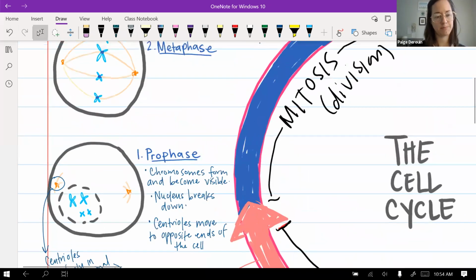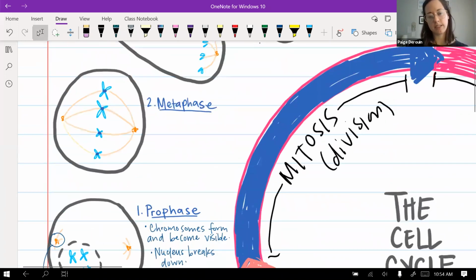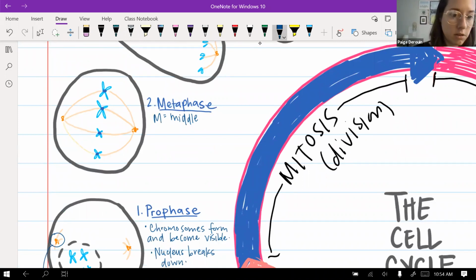If you come up here it is. Metaphase is M for middle. Because what happens is the chromosomes form a single file line down the middle of the cell.